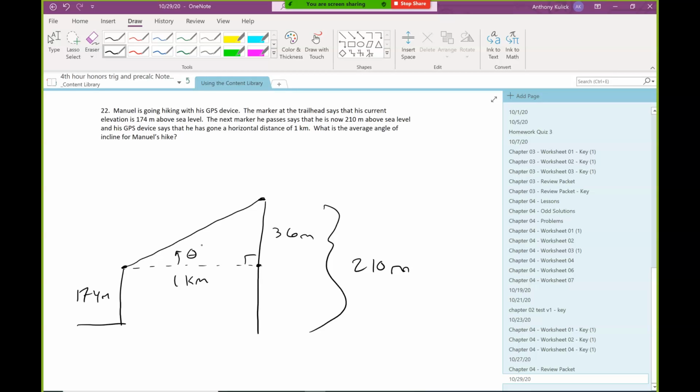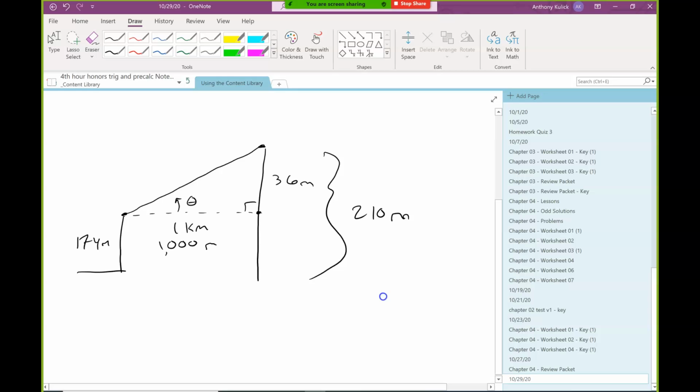Anybody see the problem? Units! What's the problem with the units? They don't agree, yeah. So let's just convert kilometers into meters. So we can say theta then is tan inverse of 36 over 1,000.